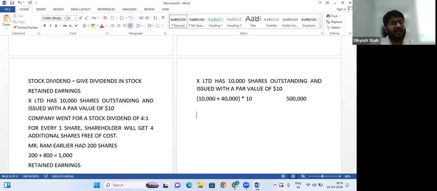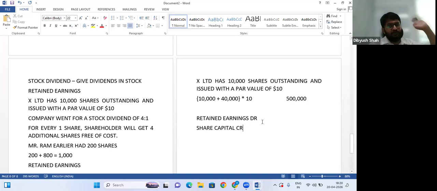Because this is a dividend, money will be coming out from retained earnings. So you do retained earnings debit, share capital credit. Of course, small stock dividend, large stock dividend, price and all. But for now, you can just understand basically. So you will reduce this $4 lakh from retained earnings and transfer it to the share capital account.